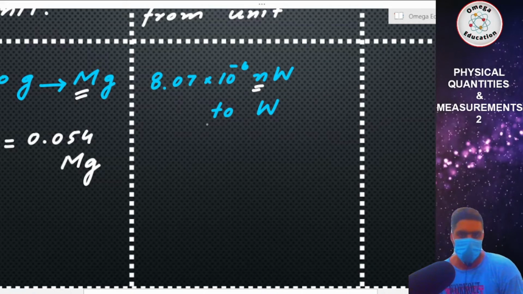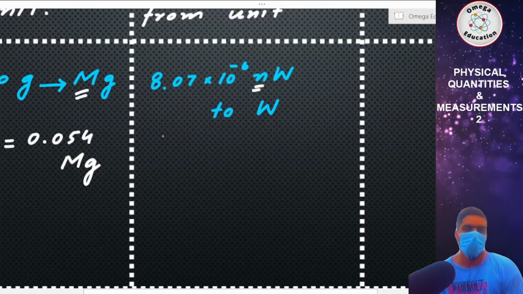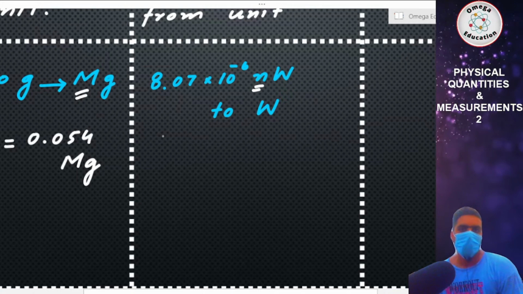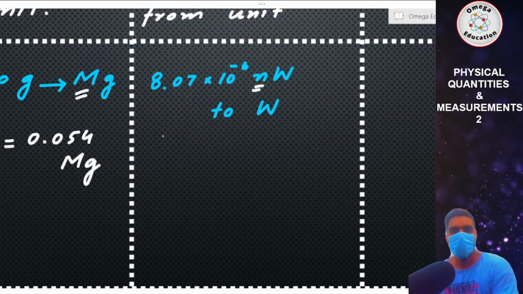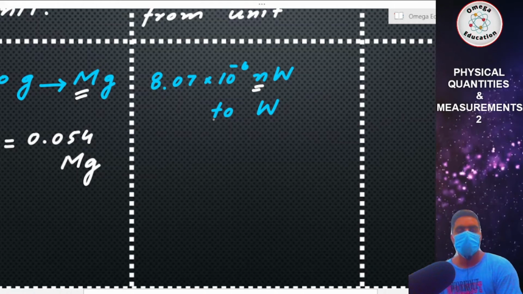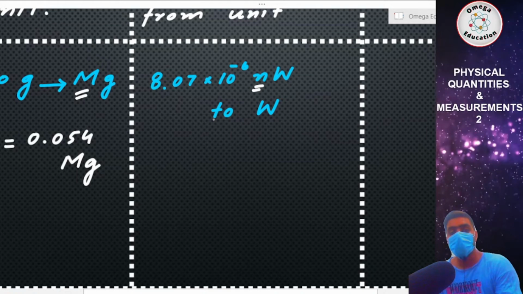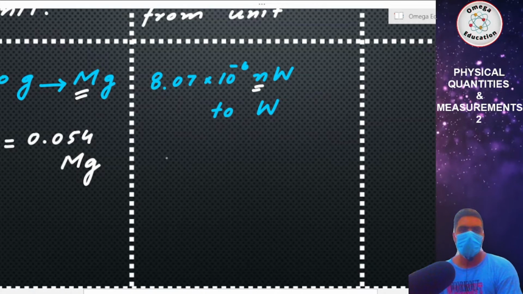So what we do is we do the reverse of case one. When we had to insert a prefix, we were dividing the physical quantity by the value of the prefix. And when we have to remove the prefix, we multiply the physical quantity by the value of the prefix.